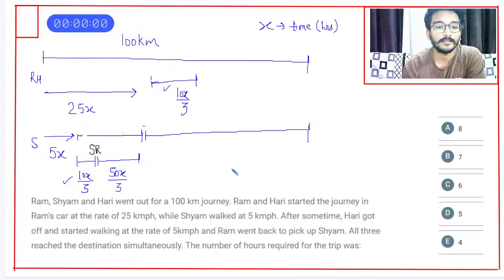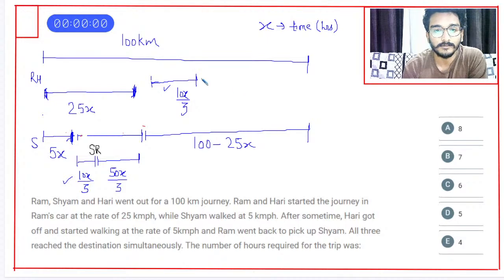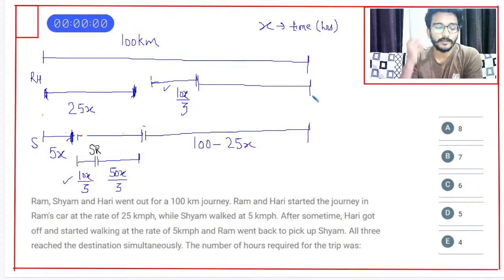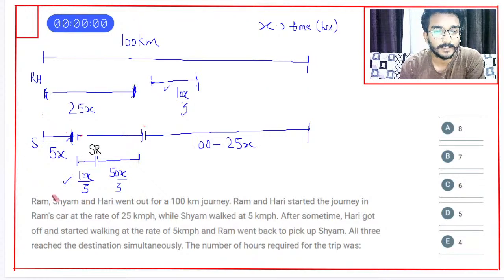How much is this distance? See, this is 5x. The total is 25x from here to here. We know this is 10x by 3. We can say this is 100 minus 25x. We can also find this particular value. But these are the distances covered by the respective persons. And Hari is here right now, moving in the same direction, and Shyam and Ravi in the same direction.